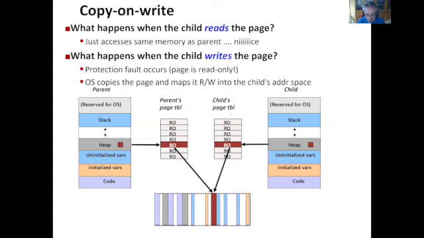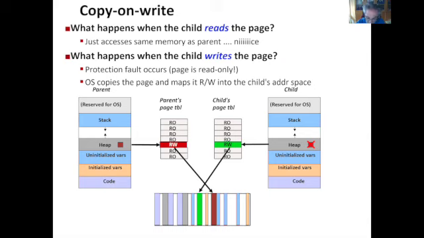So say that this child wants to write to this location. Now what happens? When I try to write, it copies this page, makes a duplicate, and then updates that particular page table.